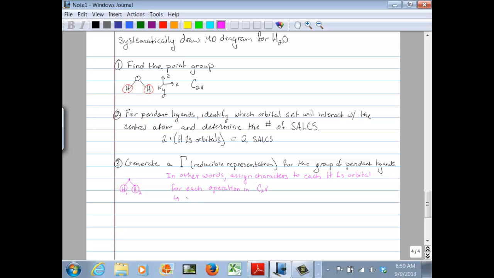We're going to assign a number 1 if the hydrogen doesn't move. We could assign a negative 1 if you moved a hydrogen into the negative of itself, but since the s orbitals only have spherical positive sign, that's not possible, so I'm not even going to write it down. The last option is to assign a 0 if hydrogen moves. So if it's moved away from itself, then it's got a 0.